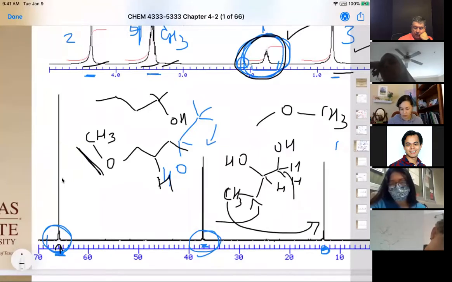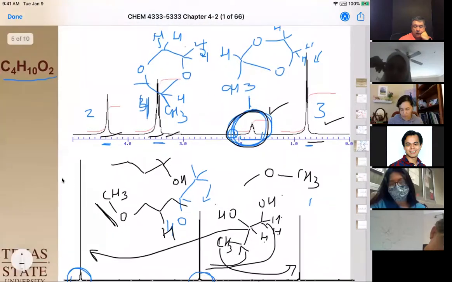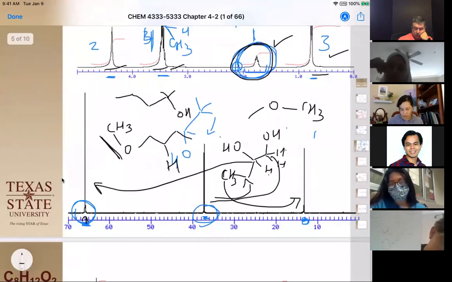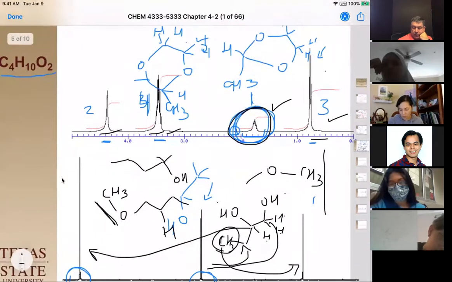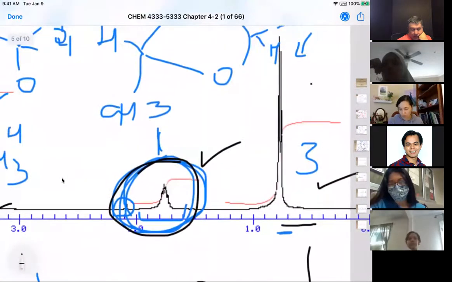These 2 could be this one here, and then this quaternary one could be the one way over here. 1, 2, 3, 4, 5, 6, 7, 8, 9, 10 hydrogens, 2 oxygens, and 4 carbons. But this methyl group would be definitely split into a triplet. It's the furthest away. It looks like a doublet.